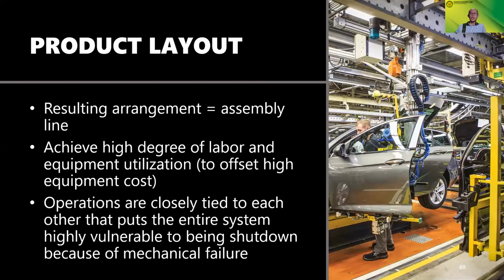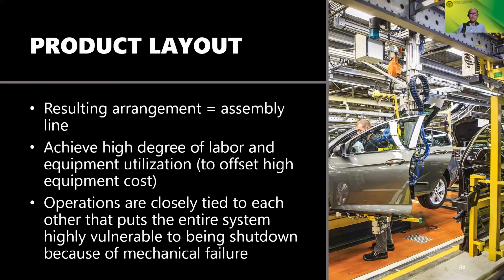The resulting arrangement in product layout forms a line, and in manufacturing environments, the lines are referred to as production lines or assembly lines. Product layouts achieve a high degree of labor and equipment utilization, which tends to offset their high equipment cost.